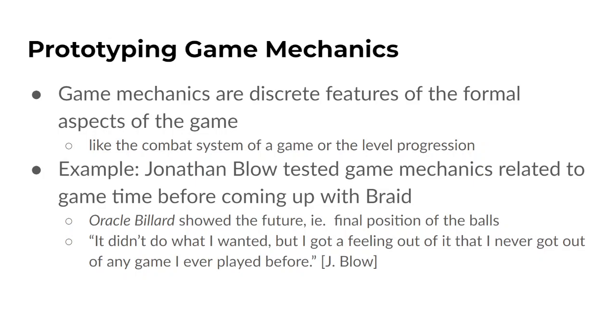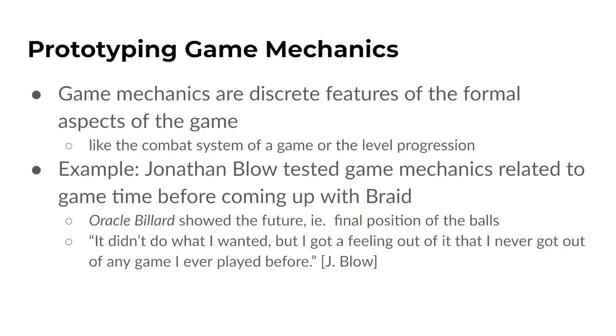Okay, so let's go into these 4 areas. Game mechanics are discrete features of the formal aspects of the game, like the combat system. If you take out one aspect, for instance the sewage system in City Skylines and how it runs, that would be one aspect of the game. Actually, the sewage system of City Skylines is Turing complete.